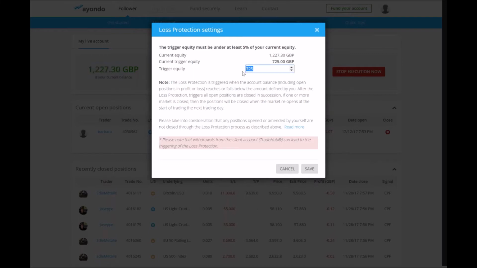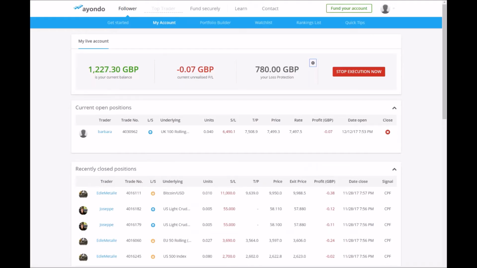But I can say, if my account balance drops to, let's say £780, close all trades, and stop following any new trades. Okay, so even though I've got that in my account, I will put that in there and say if my level falls to that, get me out of everything and stop following new trades. So your account balance doesn't necessarily have to be the full amount that you're at risk. So I hope that makes sense.